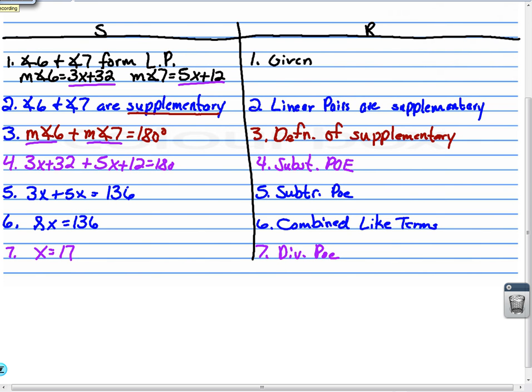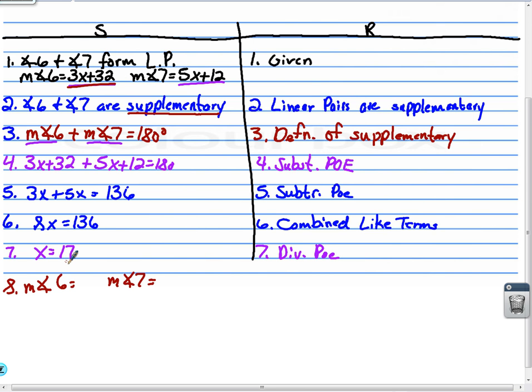Okay, last step, and I'm going to cheat a little bit on this one. Step 8, because it says find the value of x, and it also says to find the measure of angle 6 and the measure of angle 7. Like I said, I'm going to skip some steps and kind of cheat a little bit. The measure of angle 6 is 3x plus 32.